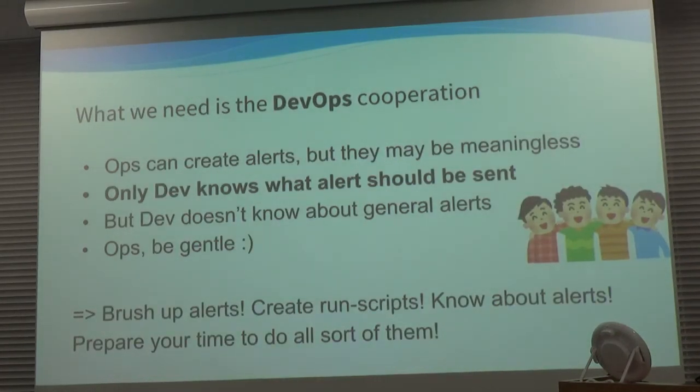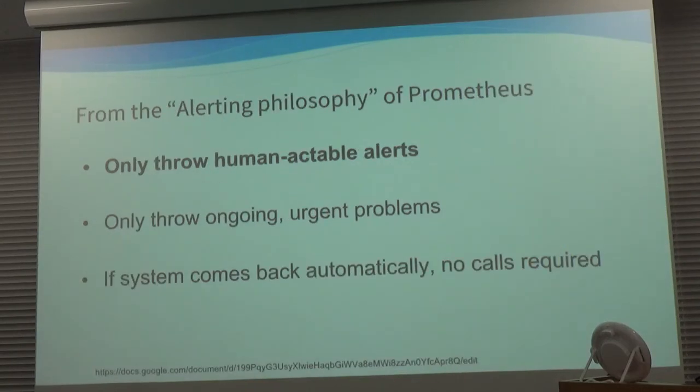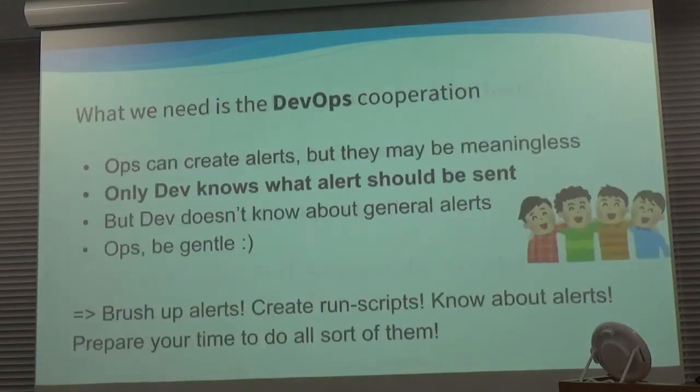Well, alerting is like that, but how should we select what alerts to send? To create better alerts, we need DevOps. Not so to say the original DevOps. We have ops, the operators who can create alerts, but they don't know what alerts would be meaningful for the actual developers.